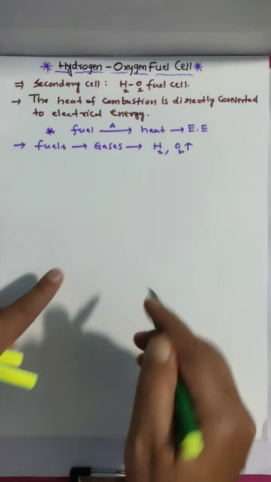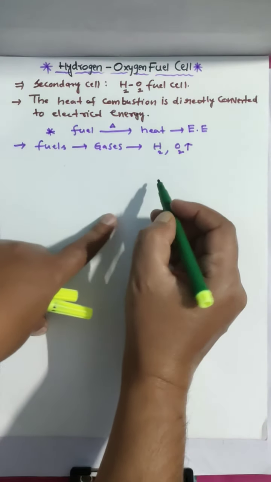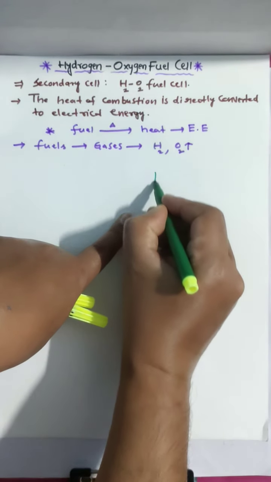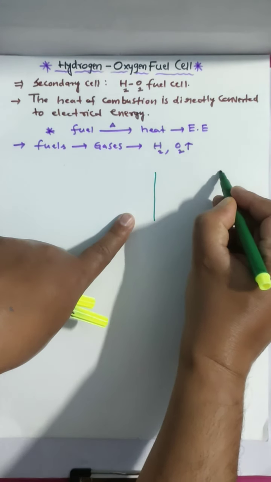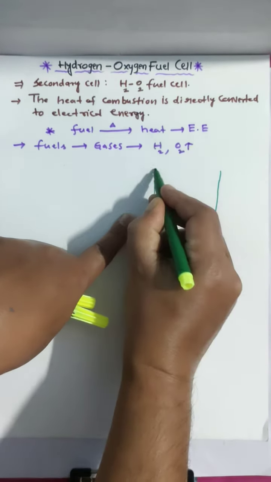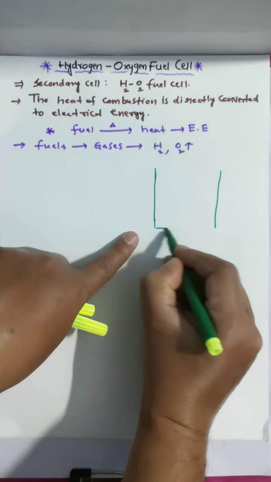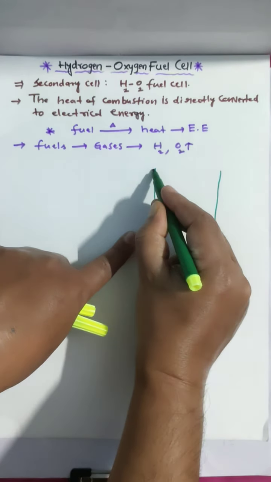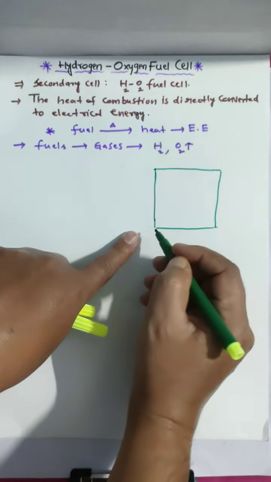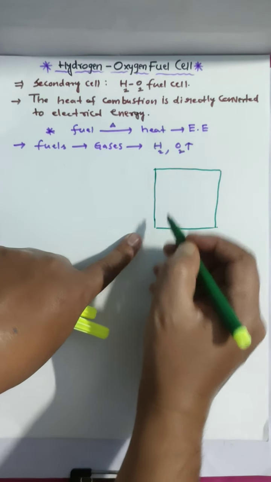Clear? Now the arrangement of this. Here I am drawing a rough diagram for the oxygen and hydrogen fuel cell. This is the cell we have here, and it contains two parts.